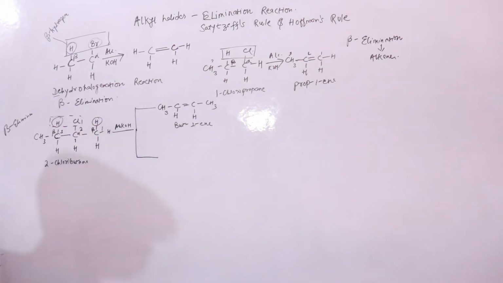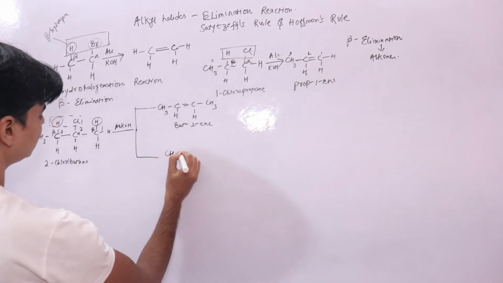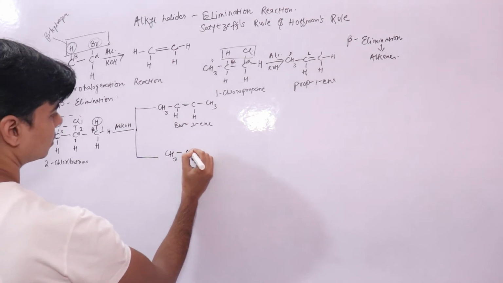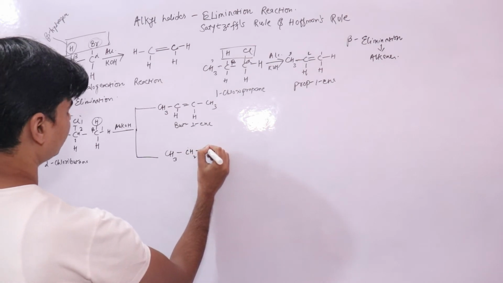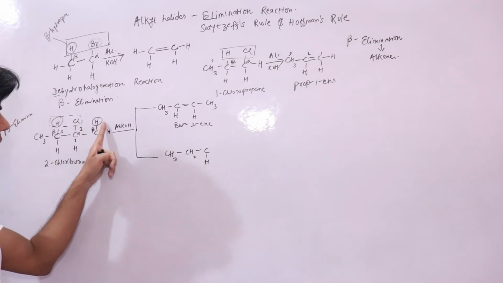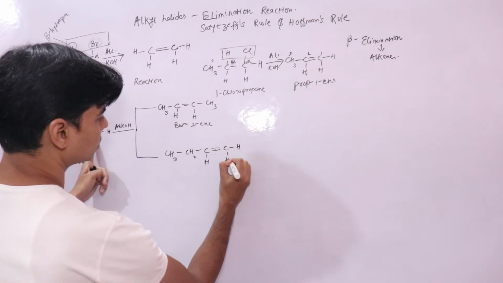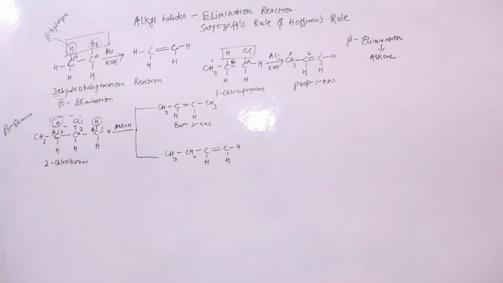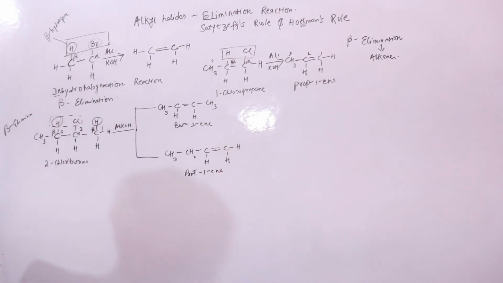Then the product formed would be CH3, CH2, C. This halogen would be removed, this hydrogen would be removed, and a double bond would be introduced. This is but-1-ene. This is how you will name it.